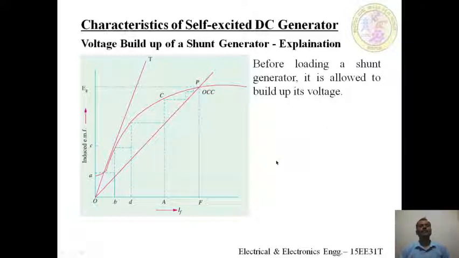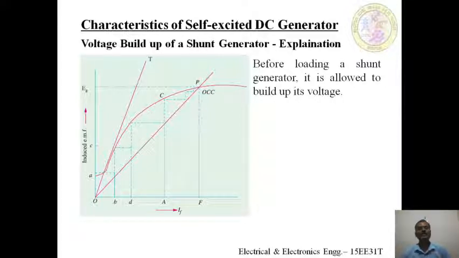Now we will see voltage build up of a shunt generator. Before loading any shunt generator, it is first allowed to build up its rated voltage. That is, if we start any shunt generator, there exists some residual magnetism, and due to that residual magnetism, some EMF is induced in the generator.